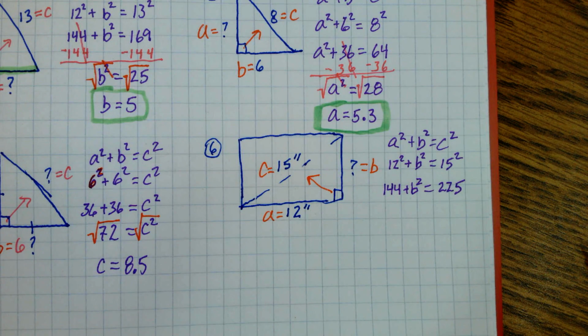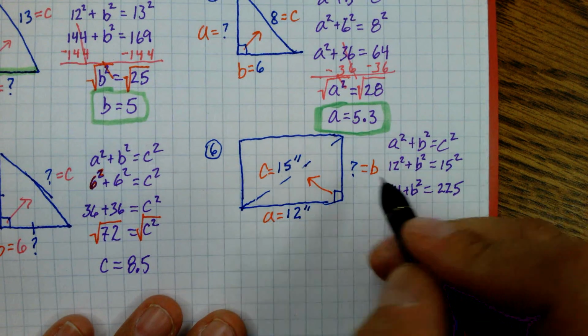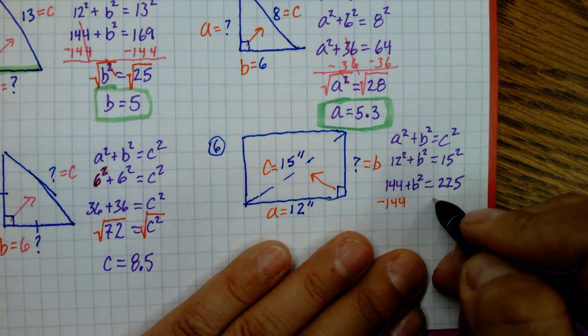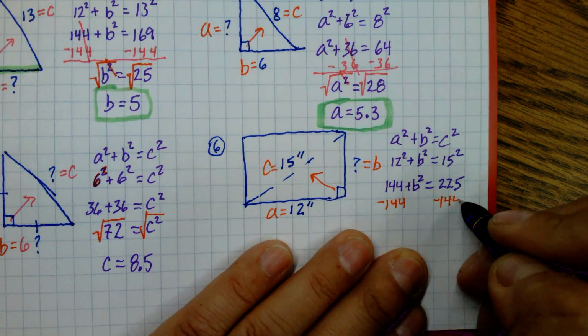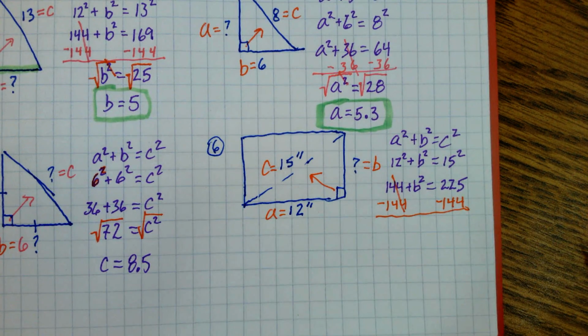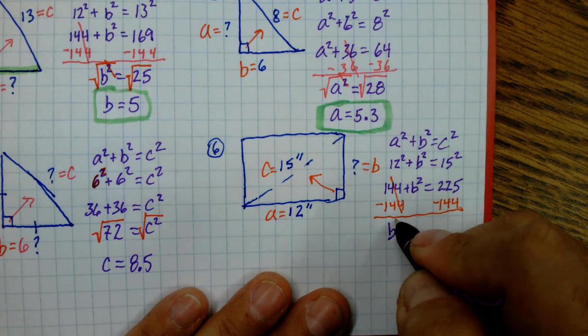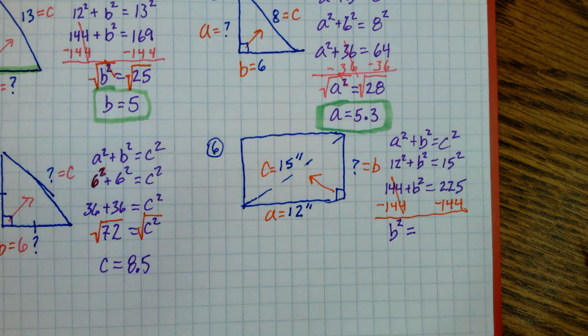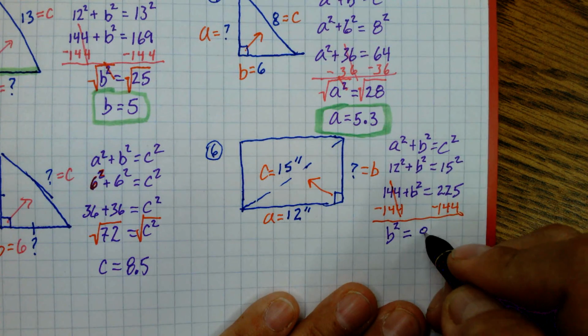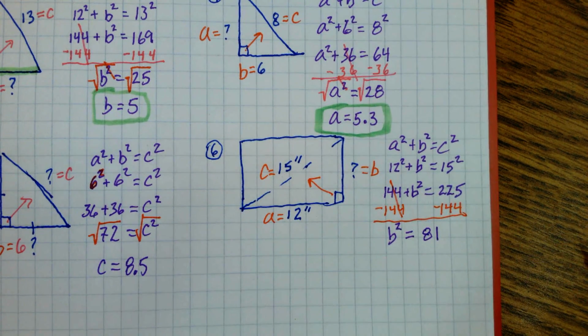Okay, so let's subtract. And we get b squared equals 81. Oh, it's 25.